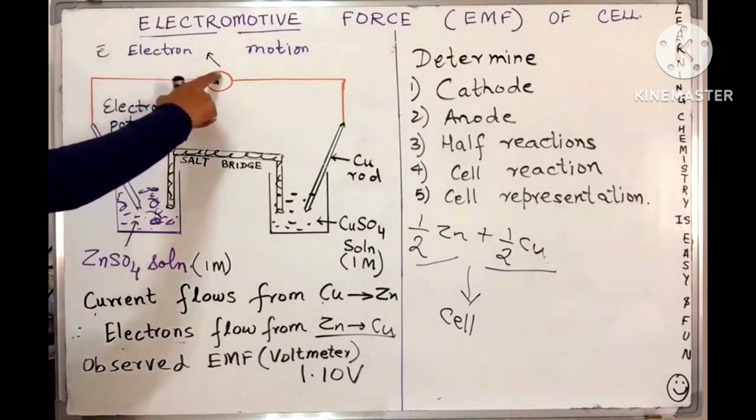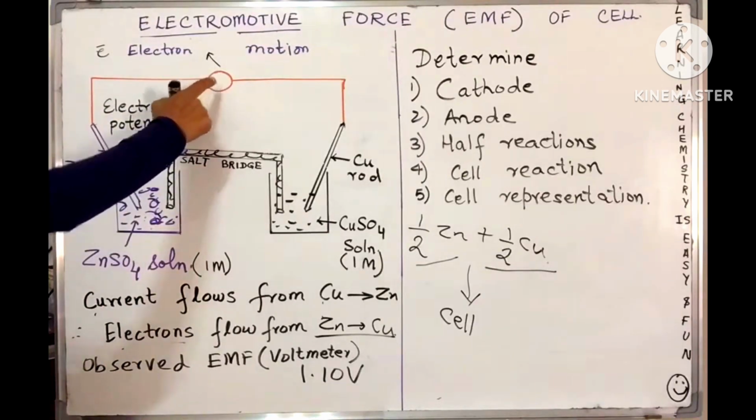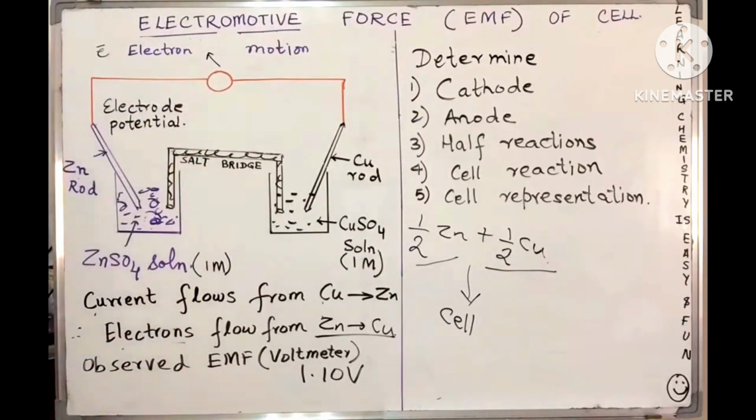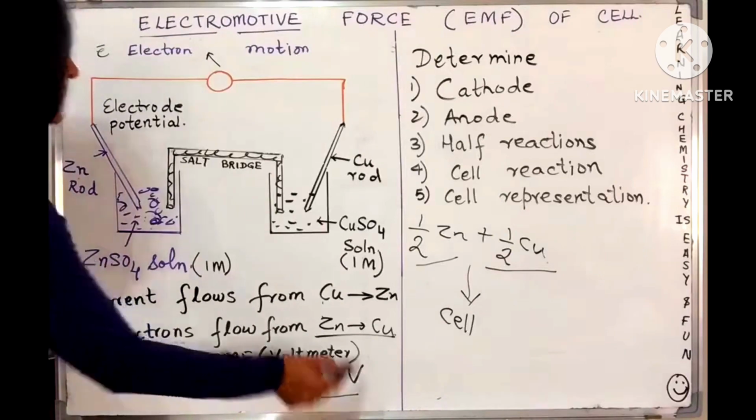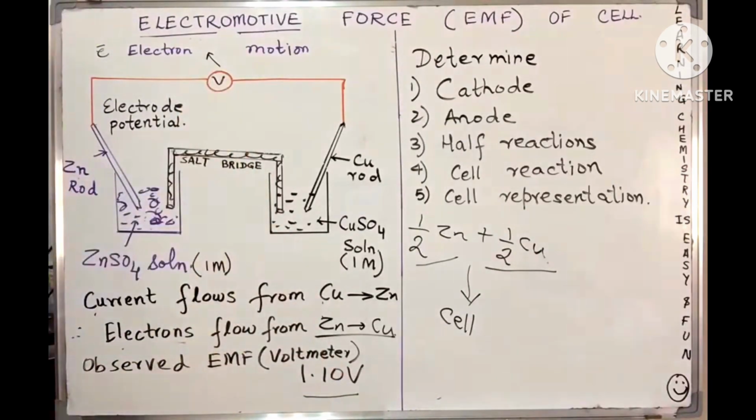Now, when I connect a voltmeter here, to be precise a potentiometer or a vacuum tube voltmeter, because that is going to give me the exact value of the potential difference between the two, I get a value of 1.10 volt. We are not going into in-depth study.